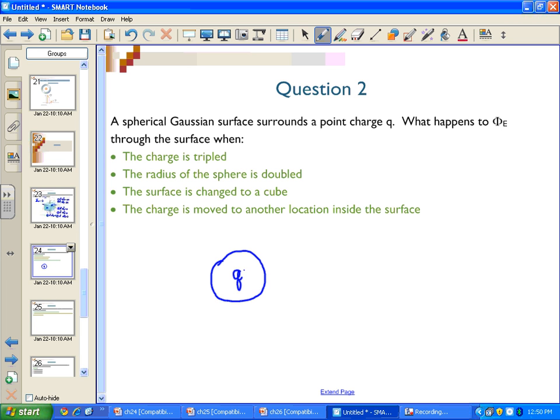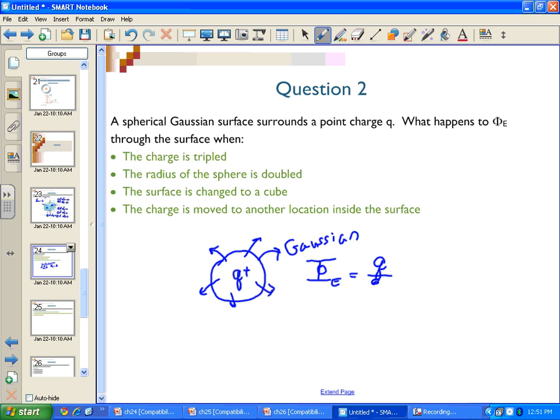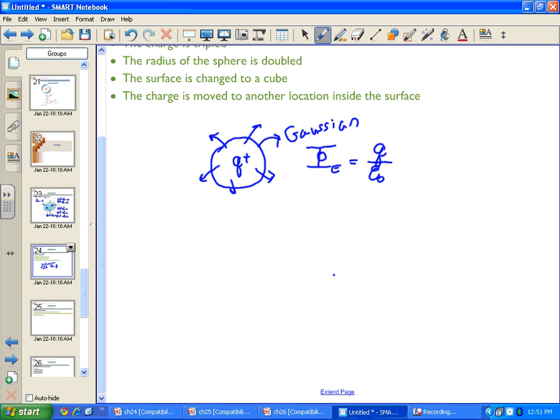So let's go ahead and draw our Gaussian surface with a charge inside, which of course we know, therefore there will be an electric field which is radially outward cutting through the Gaussian surface, and therefore we will have an electric flux that is equal to the charge inside divided by epsilon naught.